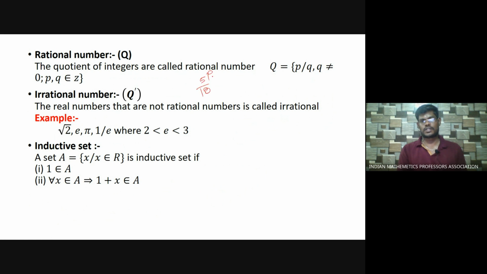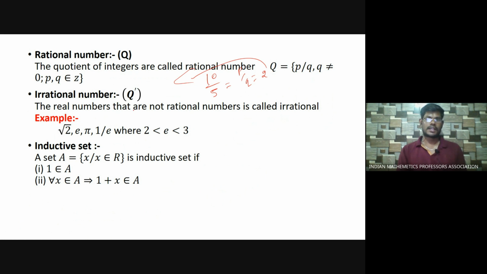So this is our P and this is our Q. So we can get 1 by 2. Okay, so this satisfies this condition. That's why this is called a rational number.